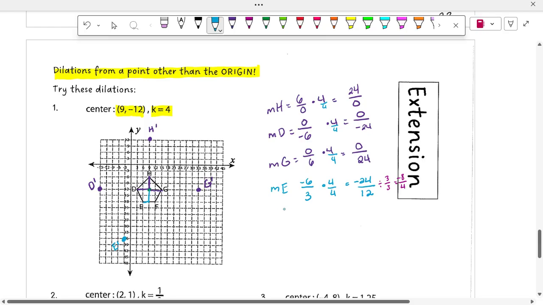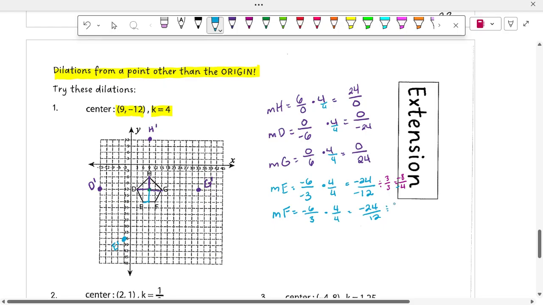And F would be the exact same thing, except instead of going to the left 3, you're going to the right 3. So you're still going down 6 over 3 times it by 4. Times it by 4 over 4. So that'd be negative 24 over positive 12.